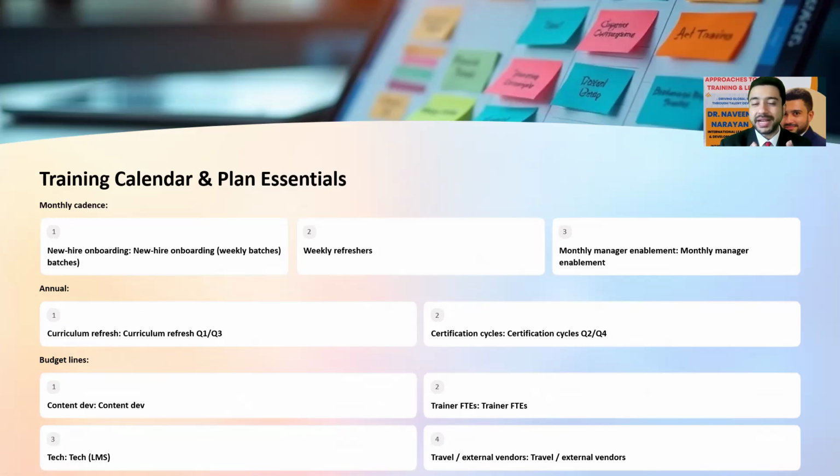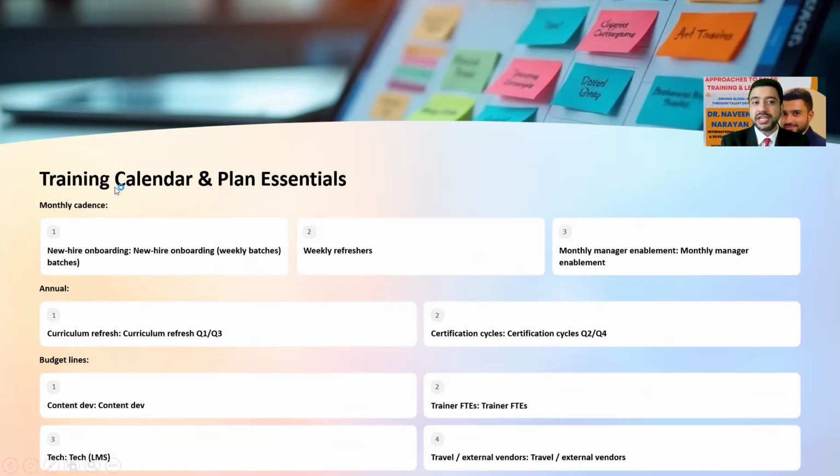I have tried to make it as simple as possible, so that we can understand how the training calendar and plan essentials will happen, make the roster calendars very easily, and implement our training schedule in the proper sense.